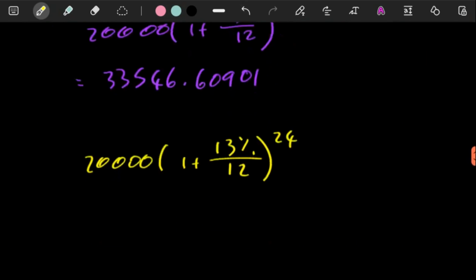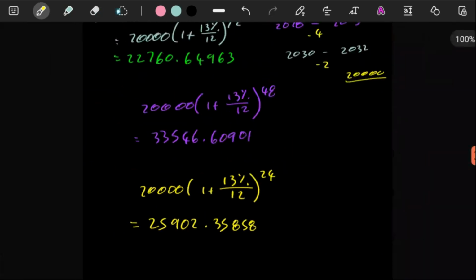So in the calculator, let's see what this accumulates to. This is like 25,902.35858.